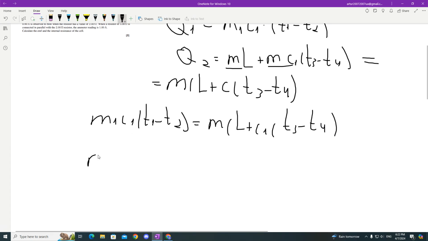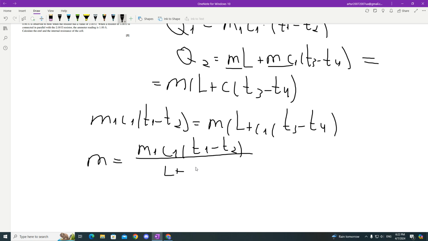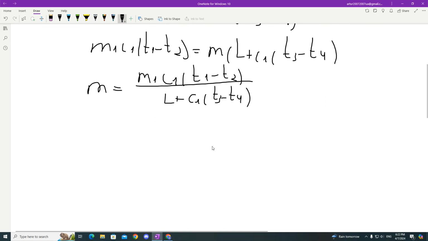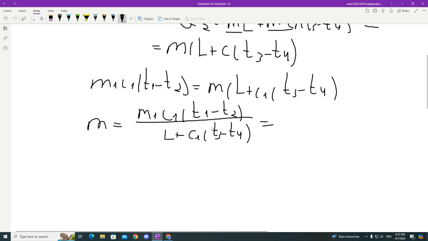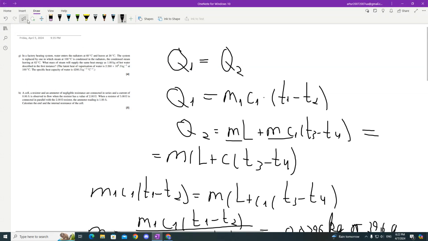So let's solve for m: m is equal to m1 C1 (T1 minus T2) over L plus C1 (T3 minus T4). Substitute these values in the calculator and you will find that the mass of steam needed is equal to 0.0396 kilograms, or in grams it's 39.6 grams. So we solved this problem.